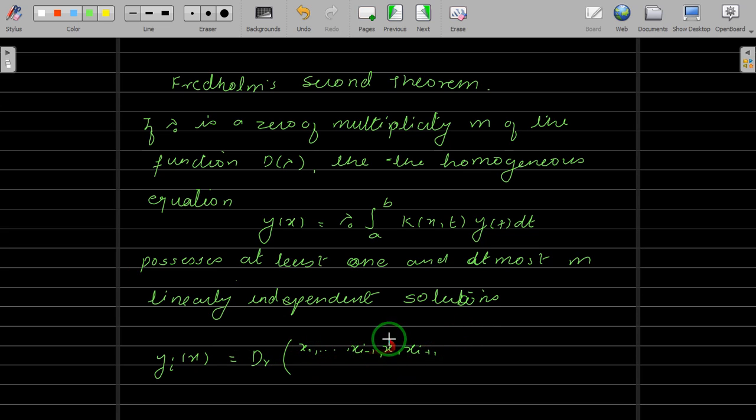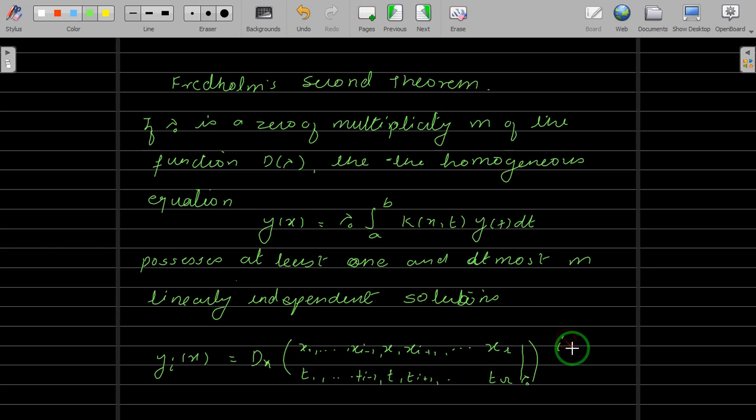This x_{i-1} is here, where there was x_i we are putting x, then x_{i+1}. And then here again t_1 up to t_{i-1}. At the ith place you put t, then t_{i+1} up to t_r, and you evaluate this at lambda equal to lambda 0. Right?